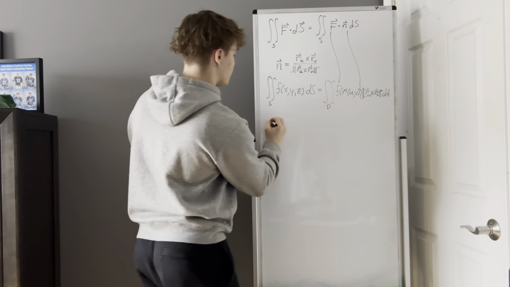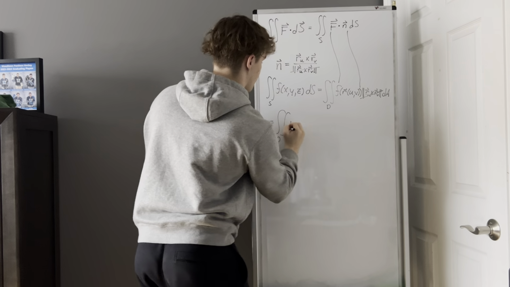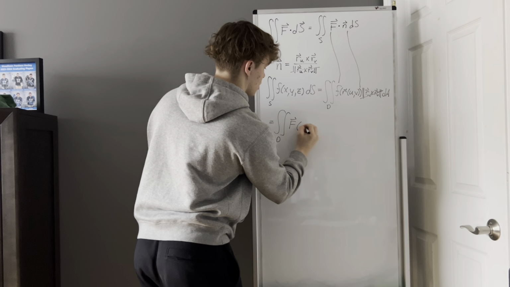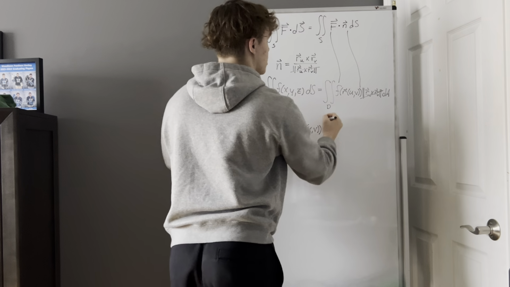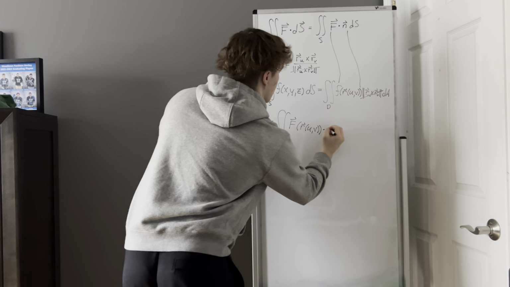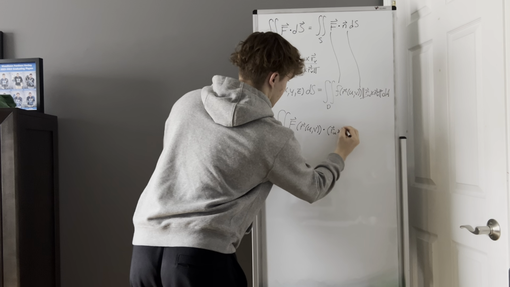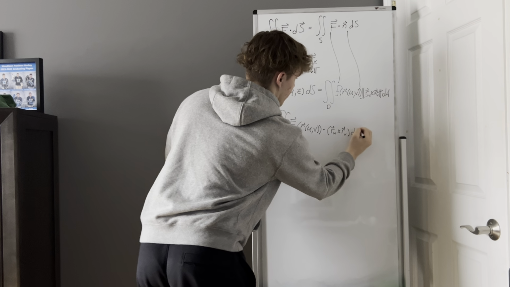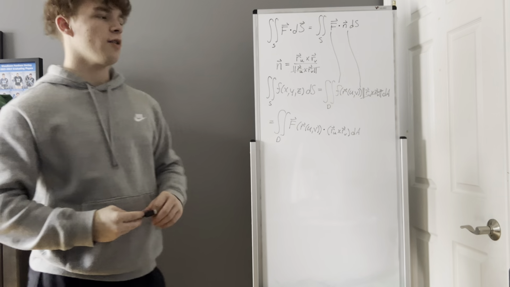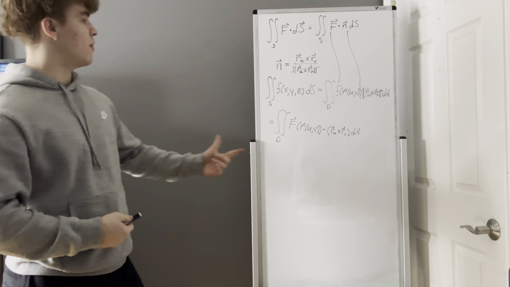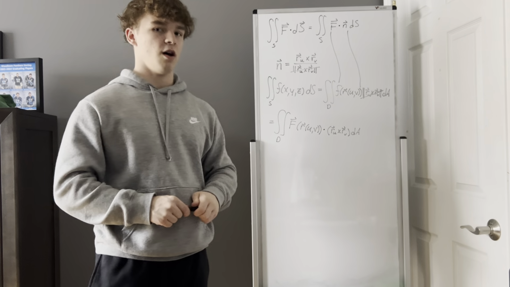What we will be left with is the double integral over D of our vector field represented in terms of our parametric equation, dot producted with the cross product of our parametric equation's partial derivatives, with respect to area, of course. This right here is the same as this, except a lot easier to solve.